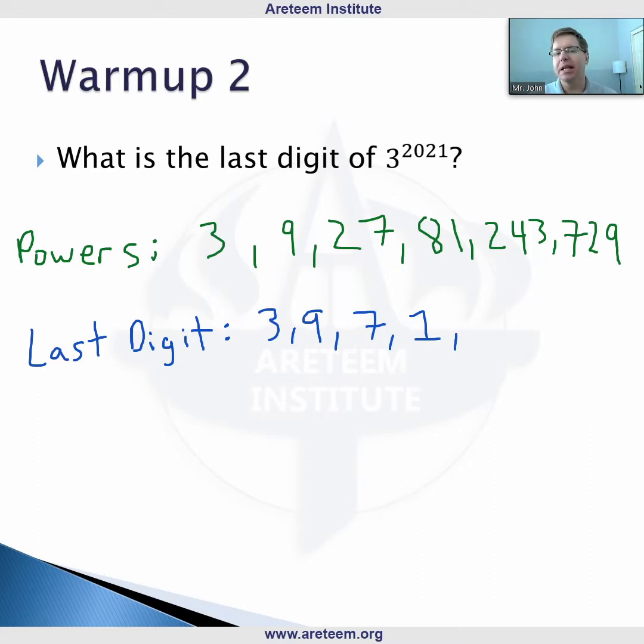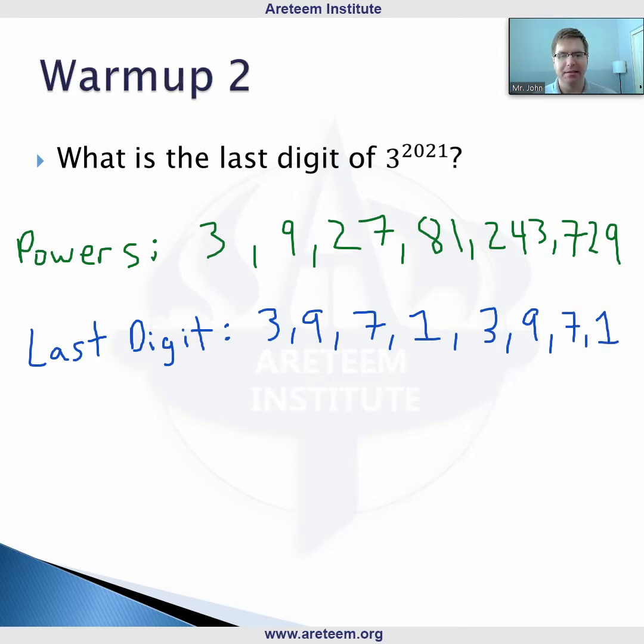81 times 3 is 243. Notice 1 times 3 also is 3, the same last digit. 3 times 3 is 9. That's also the 729. And we can be pretty confident then that this same pattern is going to continue. 9 times 3, 27. We have a 7 and then a 1.